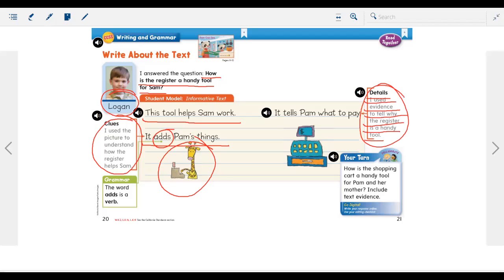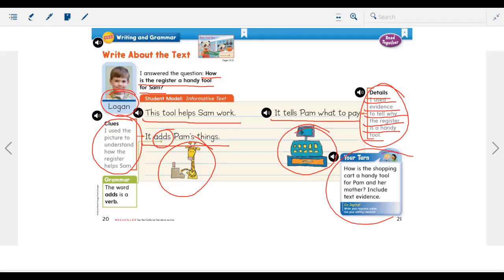We're talking about tools, and we're talking about how the register helped Sam. So what does this register do? It tells Pam what to pay. It added all of the things Pam was going to buy, and it tells Pam how much to pay.